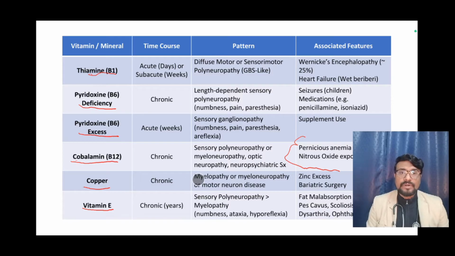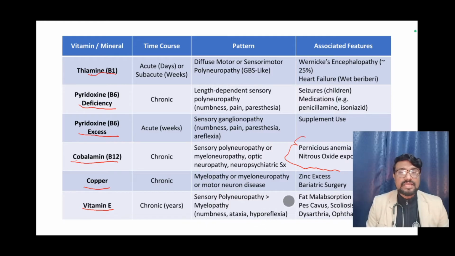Then copper deficiency will lead to myelopathies, myeloneuropathies, or motor neuron disease-like presentations. Zinc excess and bariatric surgery can lead to copper deficiency leading to neuropathies. Vitamin E deficiency will lead to sensory polyneuropathies more than myelopathies. These patients will present with numbness, ataxia, or hyporeflexia.